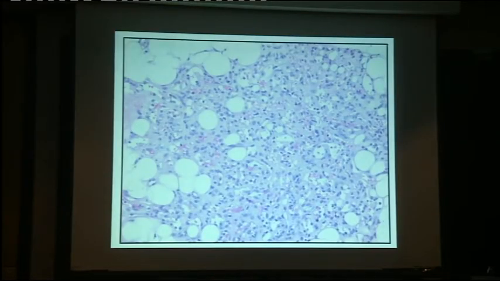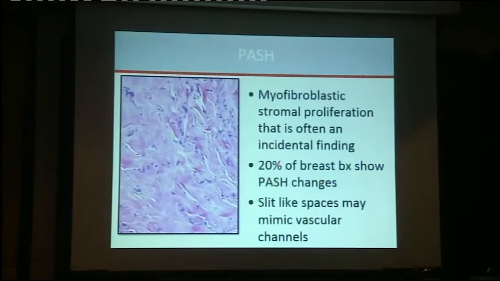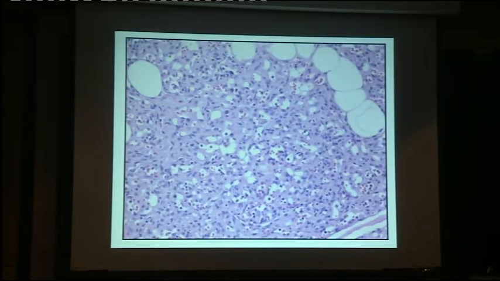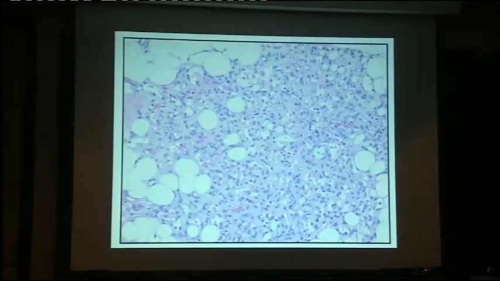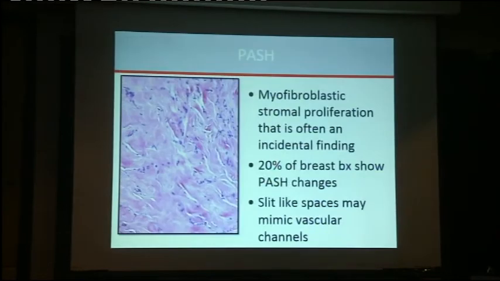This is an example of angiolipoma occurring in subcutaneous breast skin. So again, these lesions have small blood vessels, lack anastomosing, and the majority of the time, if you have the entire lesion, they are well circumscribed, not infiltrative.